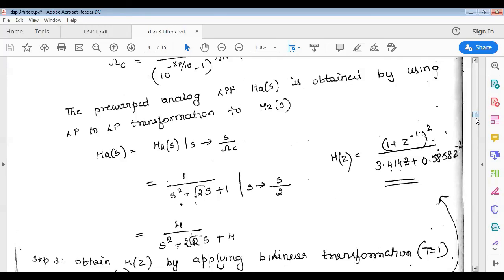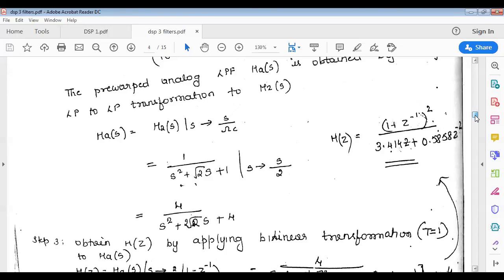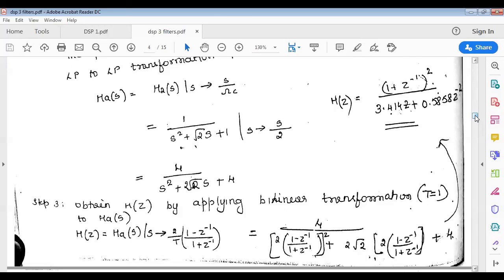Whatever transfer function we have obtained so far is an analog filter transfer function, but we need to design a digital filter using the bilinear transformation. For converting the analog filter into a digital filter, we substitute s by 2 by T into (1 minus z inverse) divided by (1 plus z inverse), wherever we have s, keeping the T value as 1.